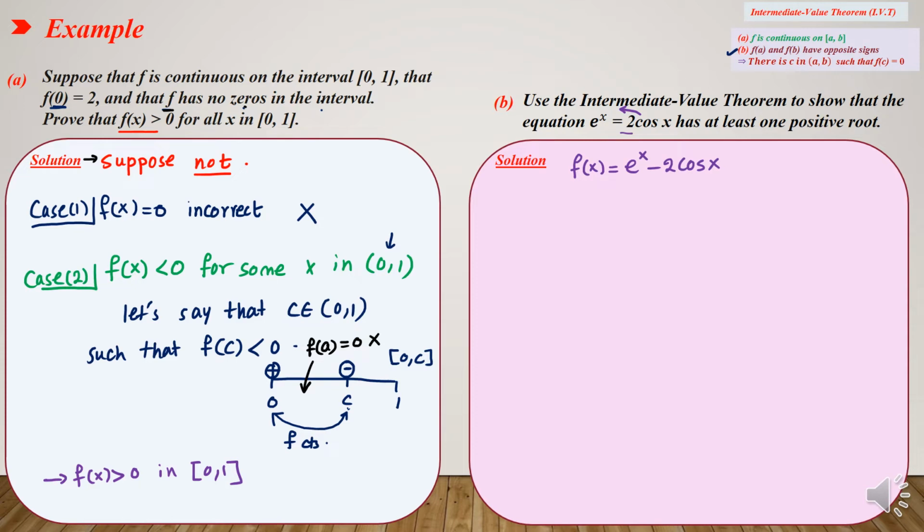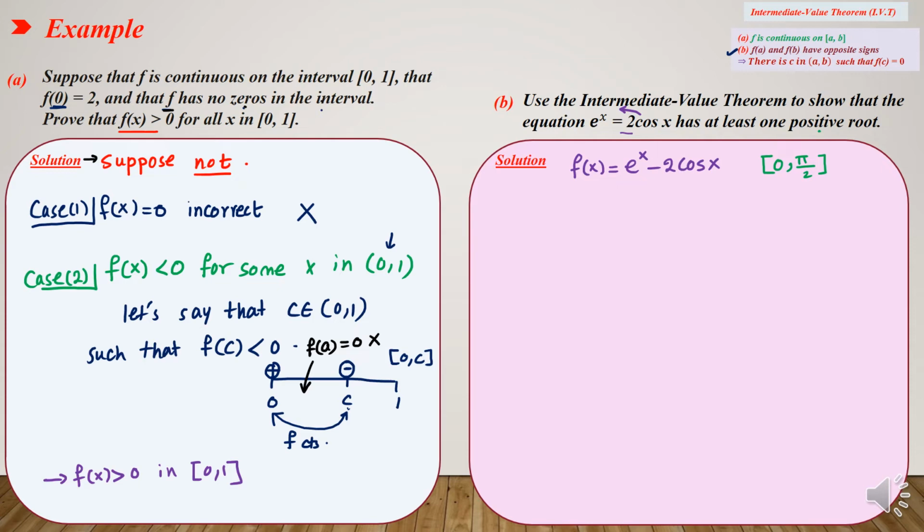And by trial and error you have to check the interval from 0 to pi over 2. All the values inside the interval must be greater than 0, since you have to prove that we have a positive root.